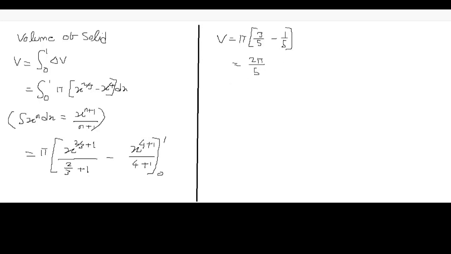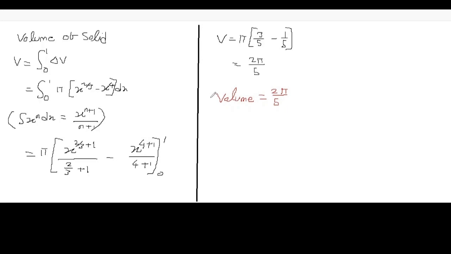So the volume of the solid generated is 2 pi by 5. Hope you understand the process.